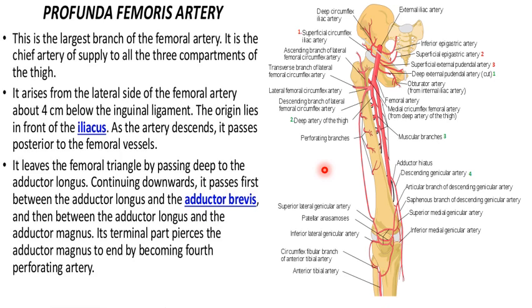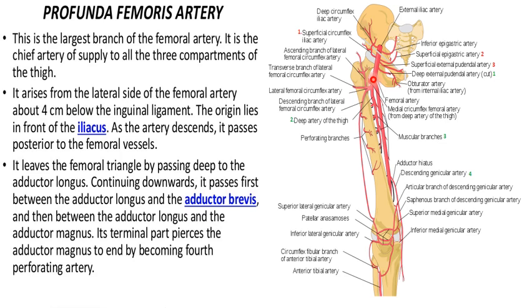Now coming to the profunda femoris artery. This one is the profunda femoris artery, right? So this is the largest branch of the femoral artery. It is the chief artery supplying all three compartments of the thigh. So this arises from the lateral aspect of the femoral artery about 4 centimeters below the inguinal ligament, right?